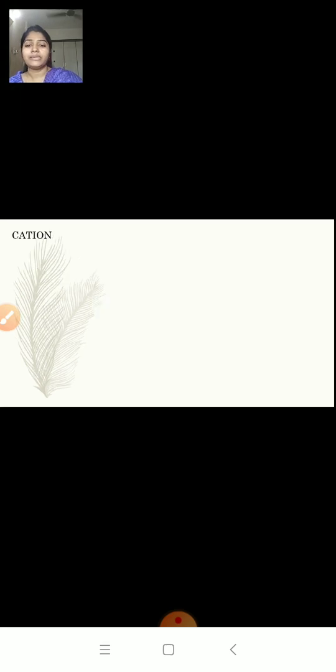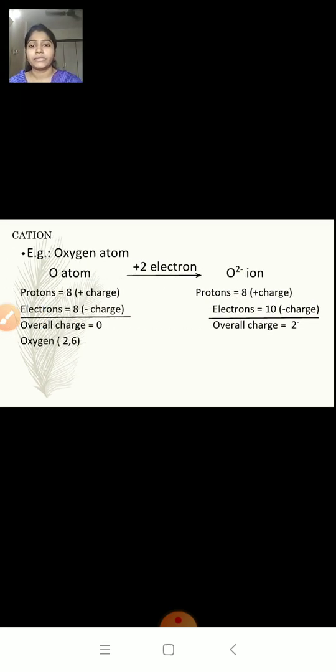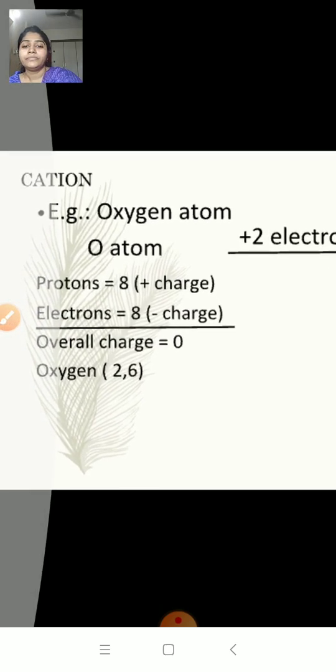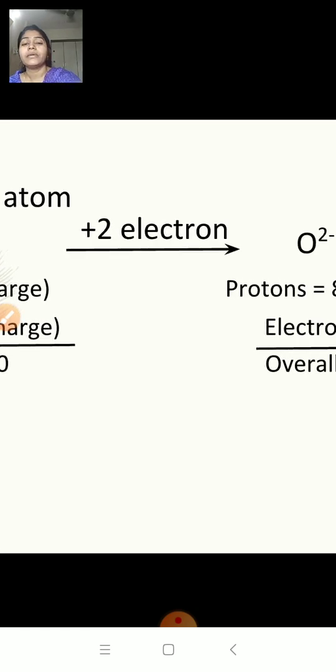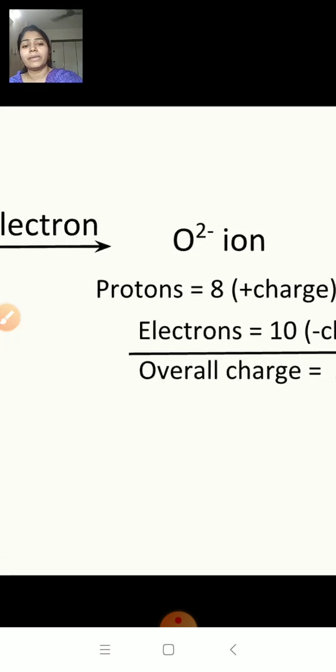Now one more example of anion is oxygen atom. Now oxygen atom, you can see here, the total protons are 8 and electrons are 8. So the overall charge will be 0. But when oxygen atom gains 2 electrons, what will happen? It will become ion.